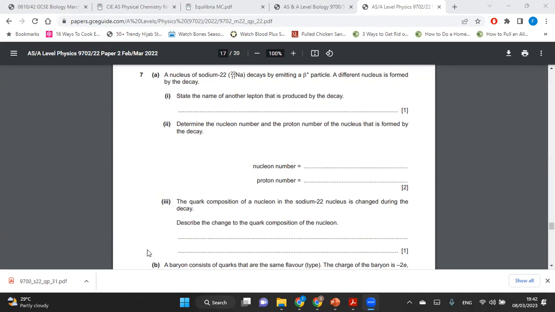Miss, nucleon number is 22 and proton number is 10. Yes, good job. Correct. The quark composition of a nucleon in the sodium 22 nucleus is changed during the decay. Describe the change to the quark composition.